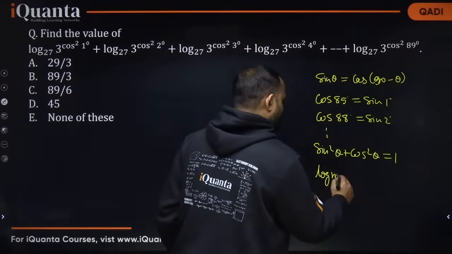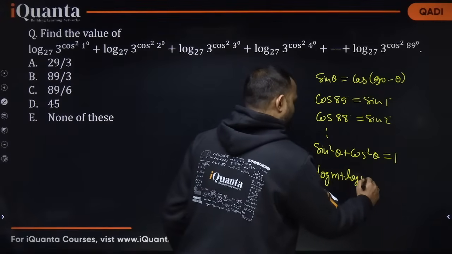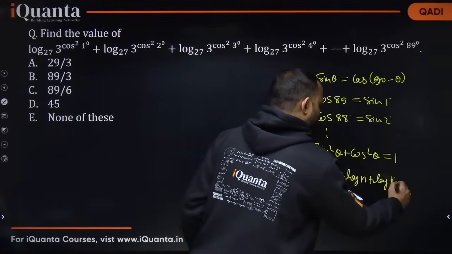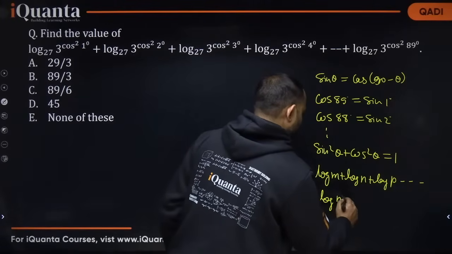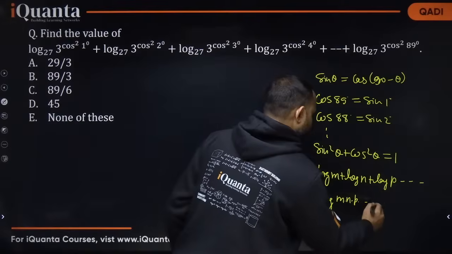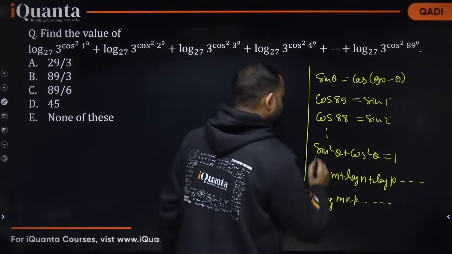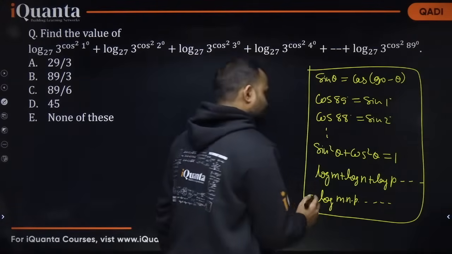And then log m plus log n plus log p and so on is equal to log of m into n into p and so on. This is what we are going to use.